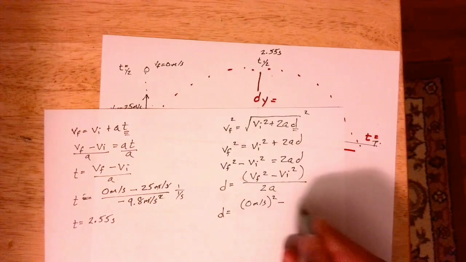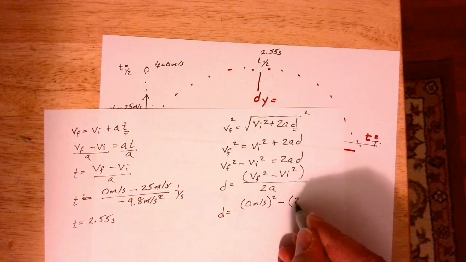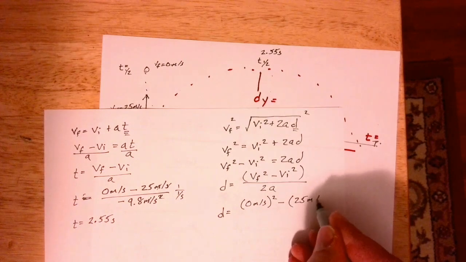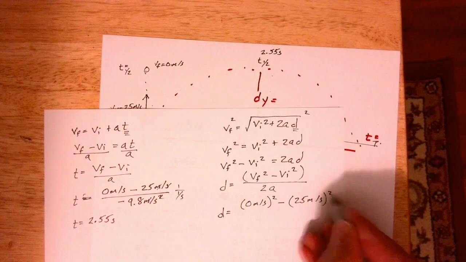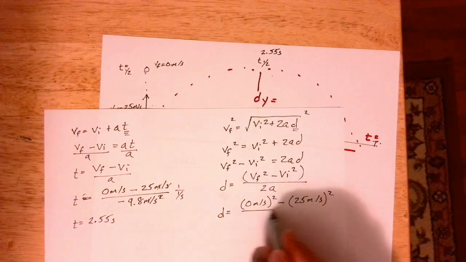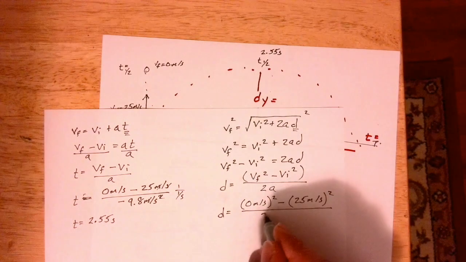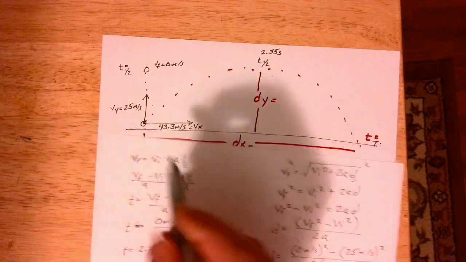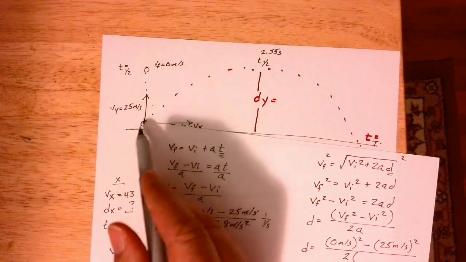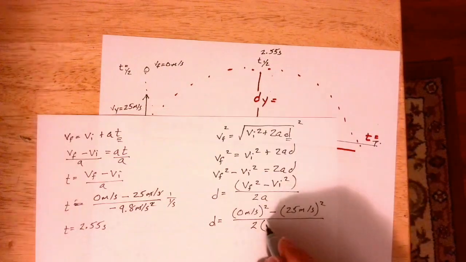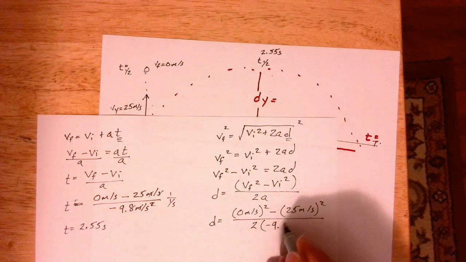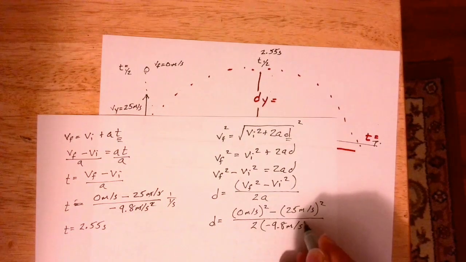Its initial velocity is 25 meters per second, and you square that as well. All over 2 times, and since it's being thrown upward, its acceleration is negative, 2 times negative 9.8 meters per second squared.